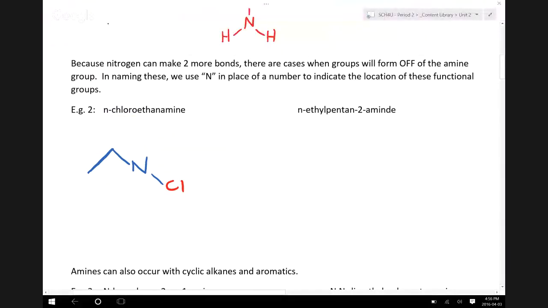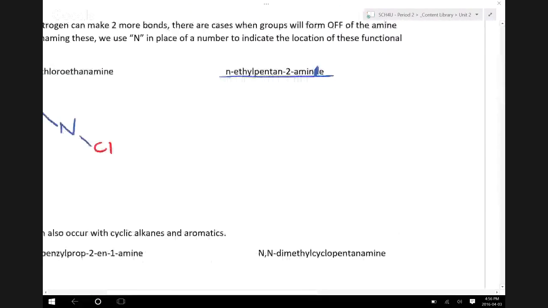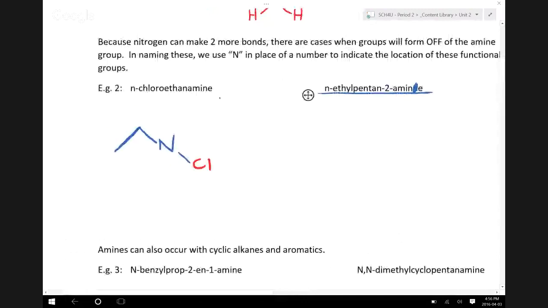In this example over here, N-ethylpentane-2-amine. Oh, that D is a typo. Ignore it. We again have a carbon chain. This time it's 5 carbons. 1, 2, 3, 4, 5.